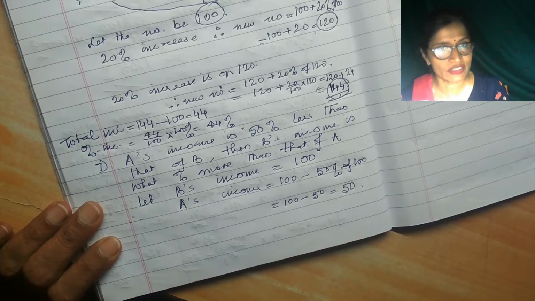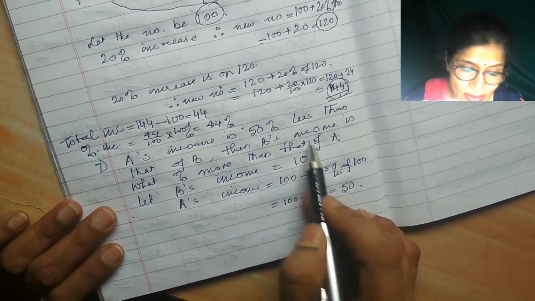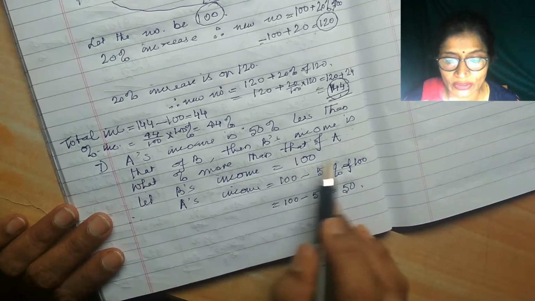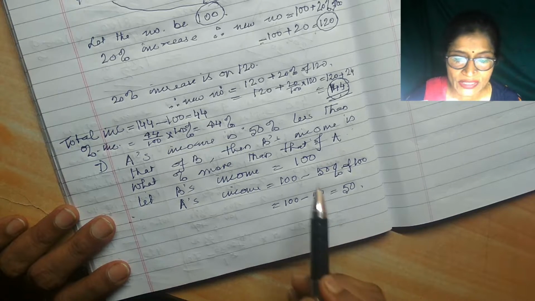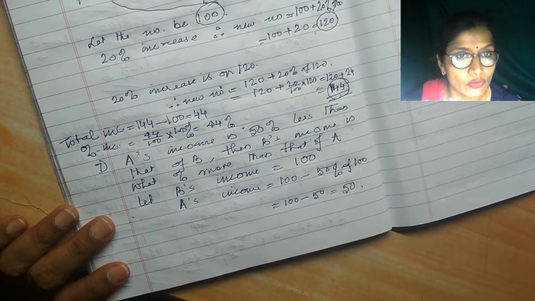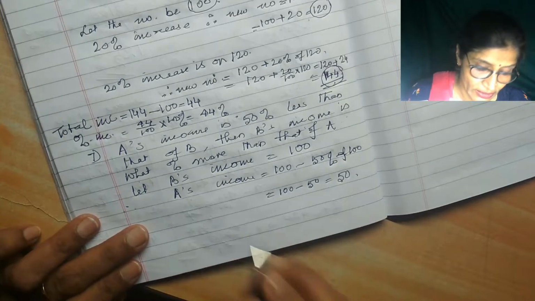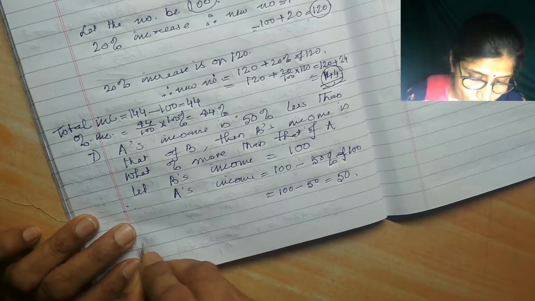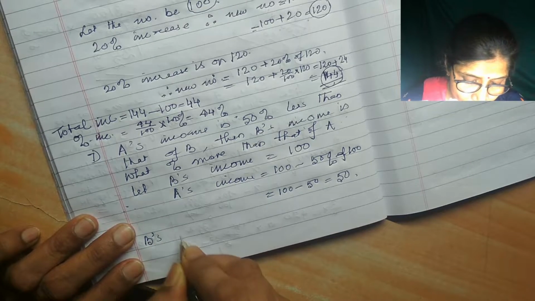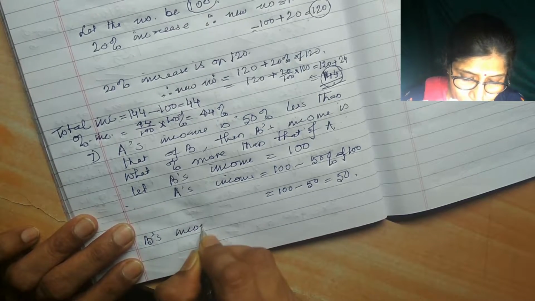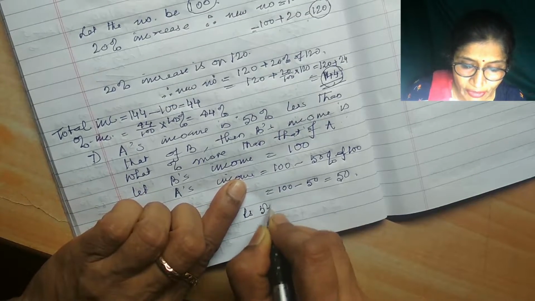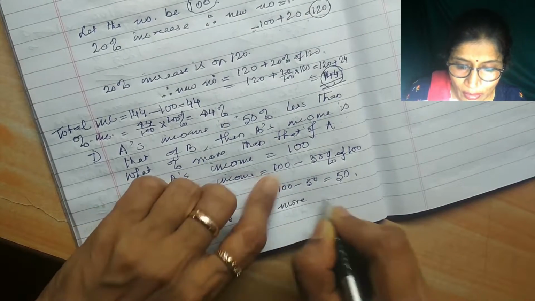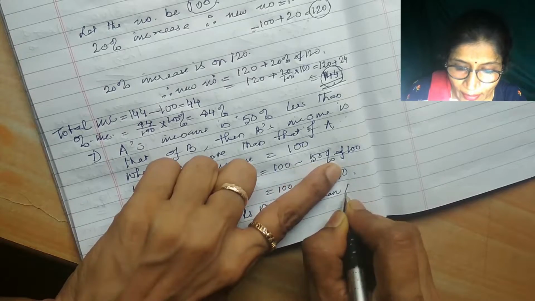So A's income is 50, but B's income is what percent more than that of A? B's income is rupees 50 more than A's income.